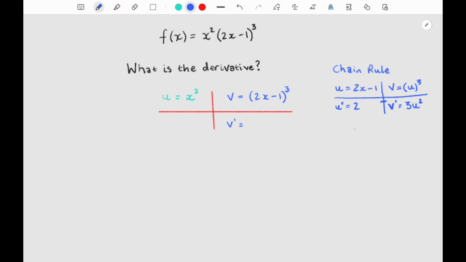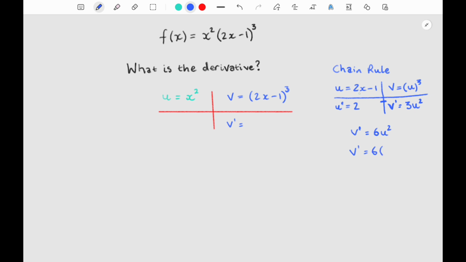So v dashed equals, firstly 2 times 3, that's 6, and then u squared. We're going to write that again because v dashed is actually in terms of x.